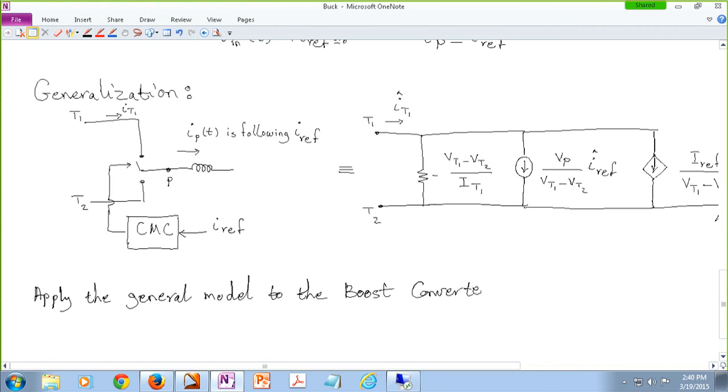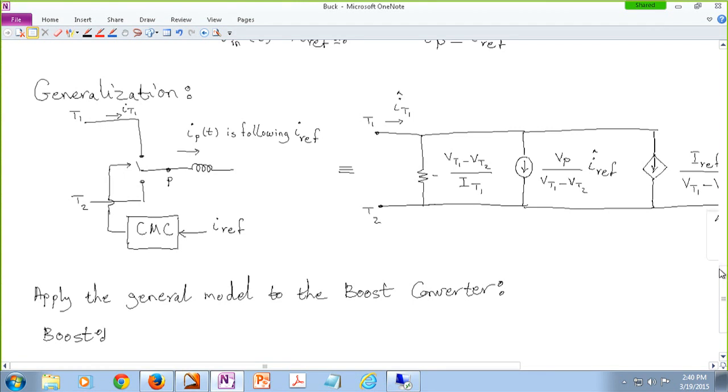So all we have to do is say, what is VT1 minus VT2 under steady state conditions for the boost converter? What is IT1 for the boost converter? Things like that. So I'm just going to make some notes down here, then apply them to the model.